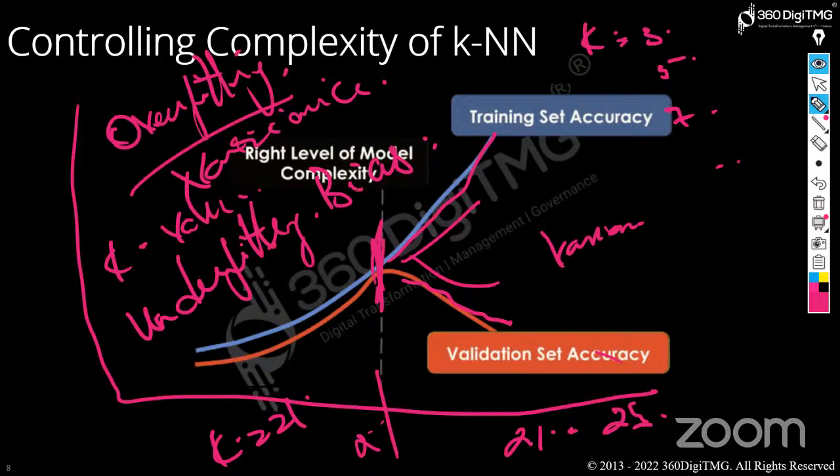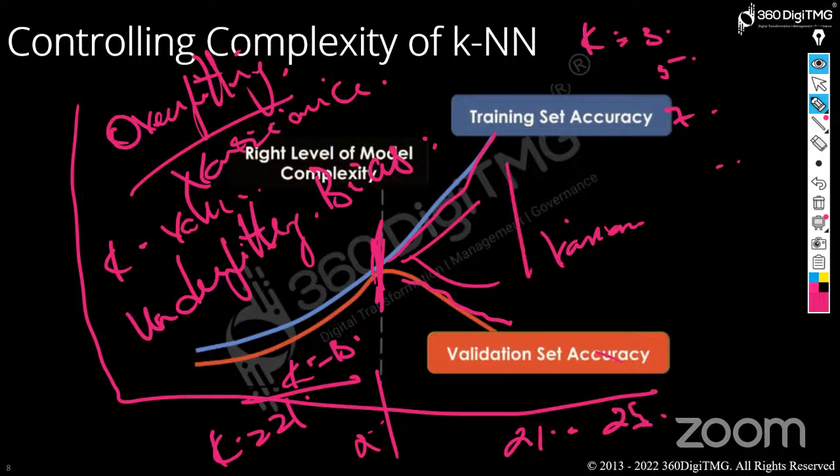And if you use k equal to 13, that means you're not building an absolutely right model. Maybe you have scope to increase it further until the point where an increase in k value will start diverging the training and validation accuracy. Right?